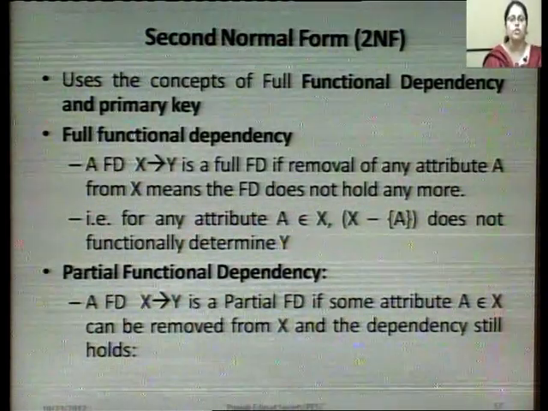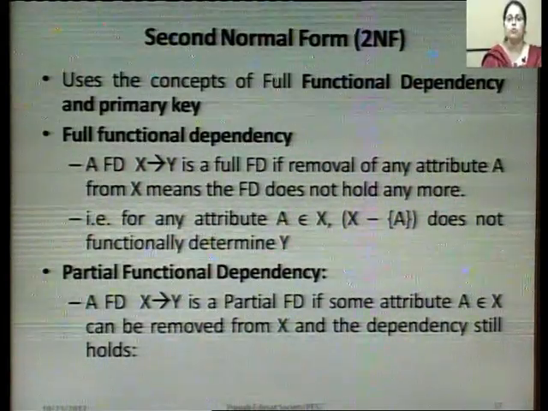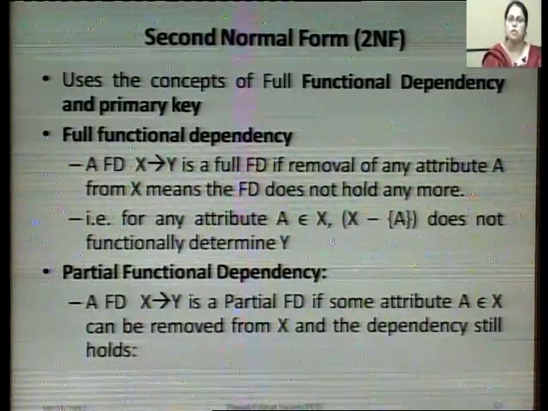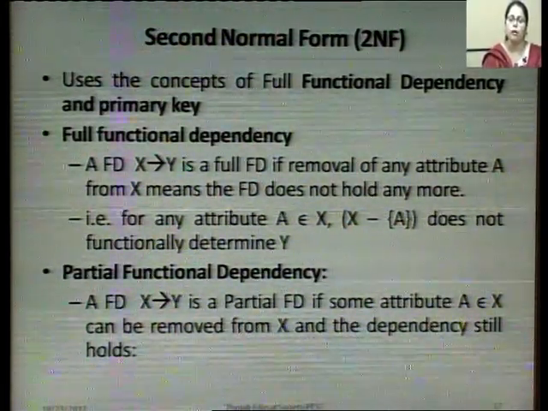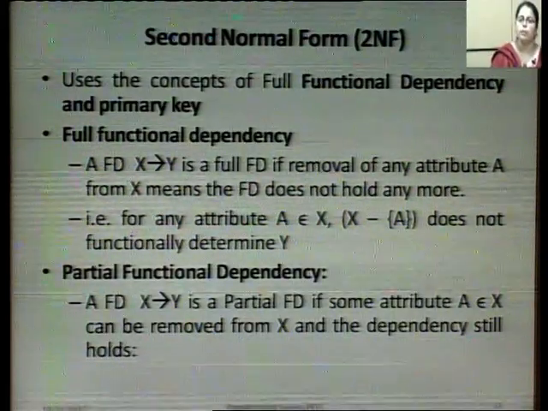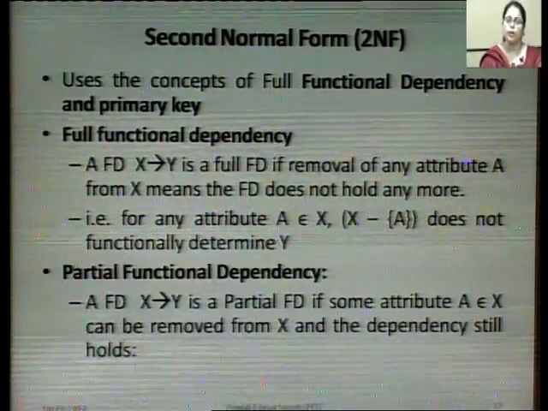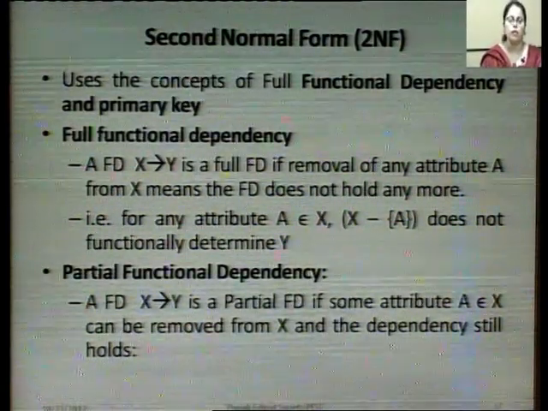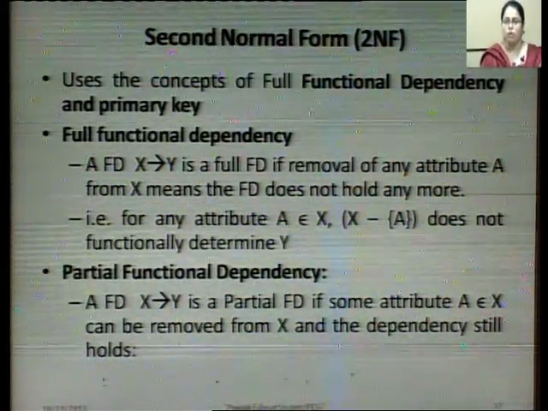So if we remove some attributes from the determinant set and the remaining set still determines the dependent set, this is called partial functional dependency, but in case of full functional dependency we cannot remove any attributes from the determinant set, otherwise the functional dependency will not hold anymore.